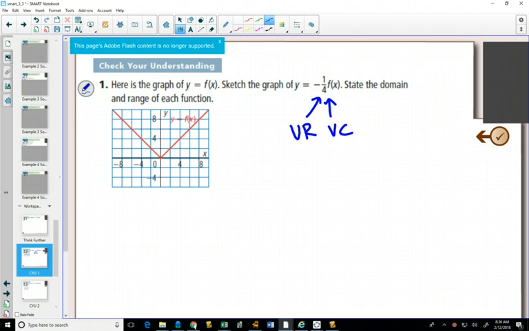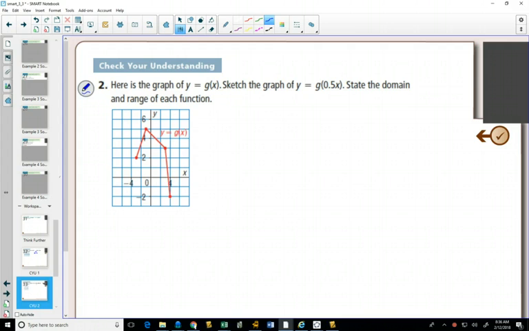Now in example 2, we're looking at a value that's inside the function. Everything inside the function is going to affect things horizontally. In this case, even though there's a 0.5 there, it's going to be a horizontal stretch.